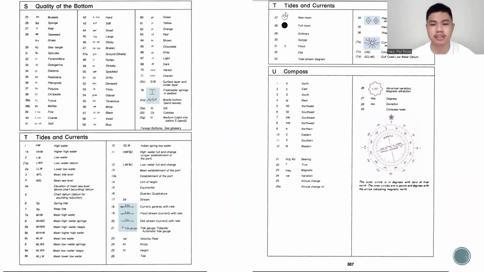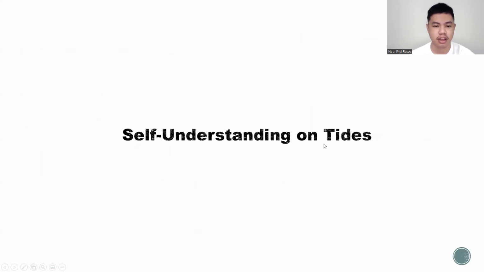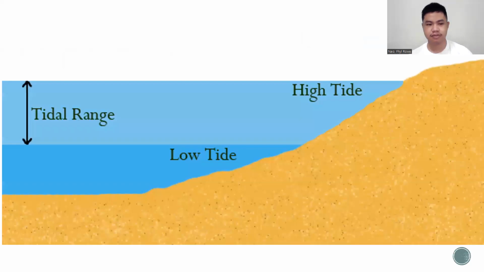This is the symbol for the new moon, which is white, then a full moon that is completely black, then flood, and FL, its symbol. Then the compass, and we're done. Now let's go to my self-understanding on tides.